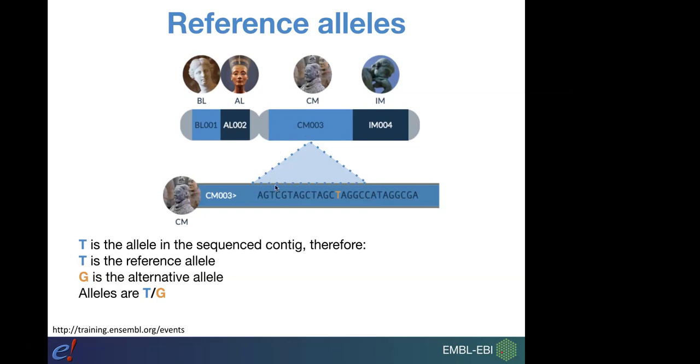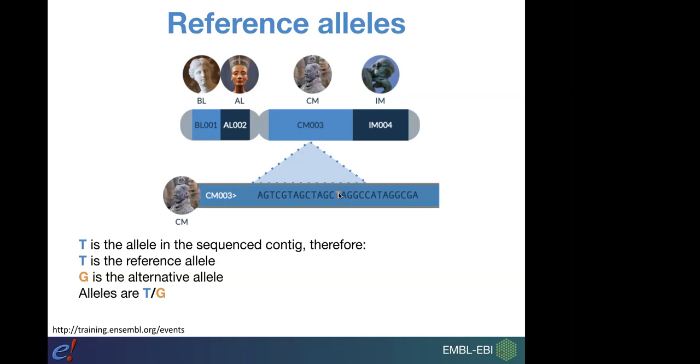If we take a look at one of these contigs in detail, for example, this one, we can see that this contig has a sequence, and we can identify the position that is highlighted in orange here, which is T. The individual that was sequenced here as part of the genome project, where this contig is derived from, is not actually very representative of the rest of the population around the world.